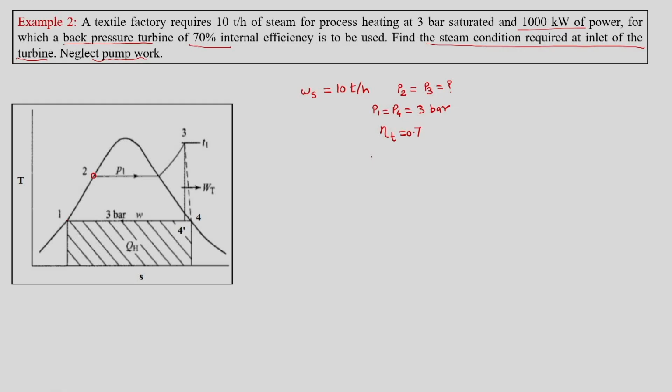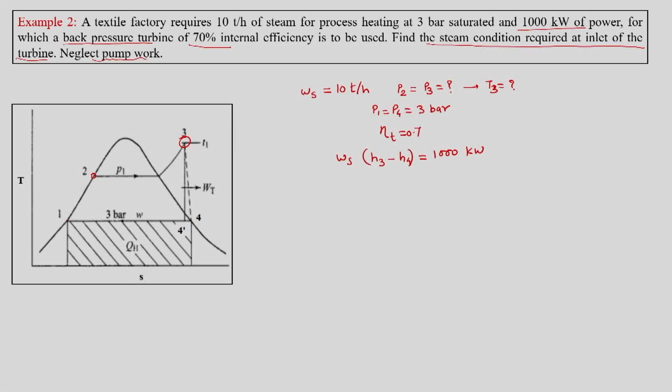We are also told that (H3 minus H4) into mass flow rate of steam is 1000 kilowatt. So, this is the given fact for us. So, we do not know what the temperature is, and we should know T3. So, we do not know where this state is.